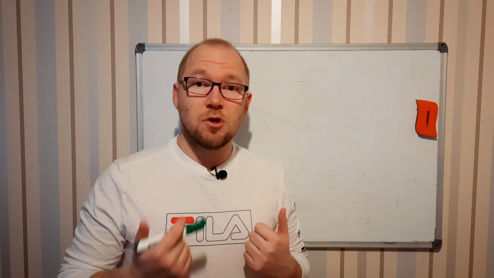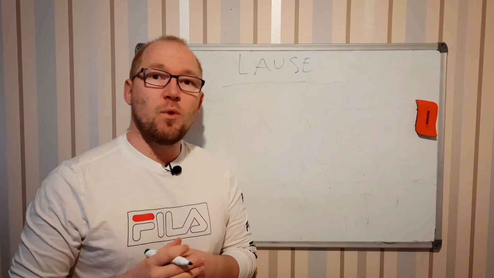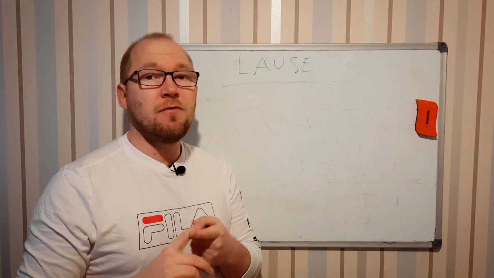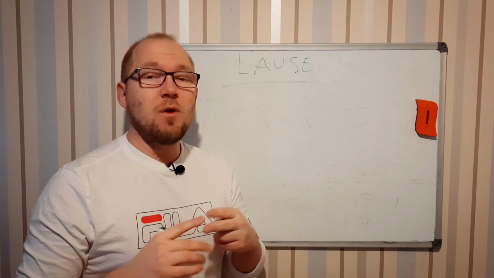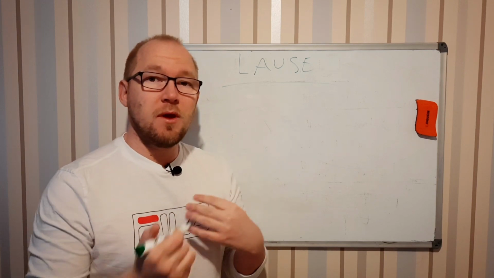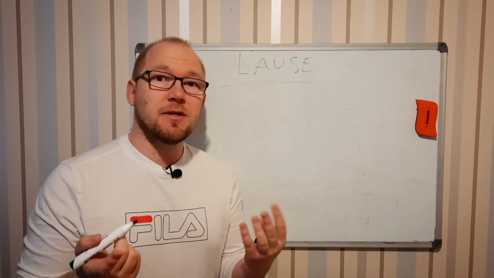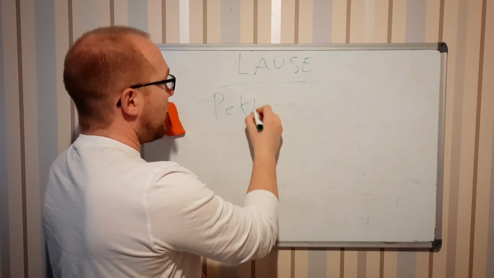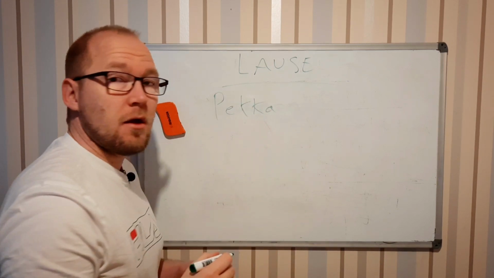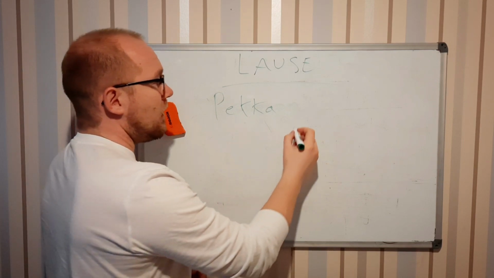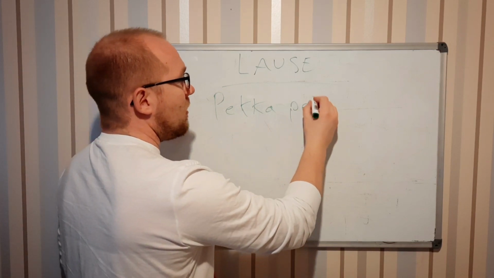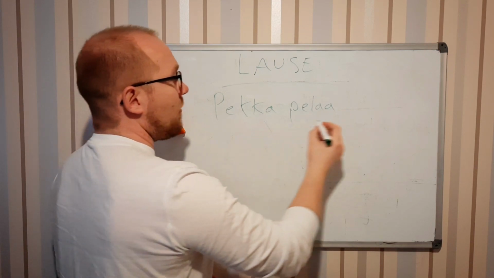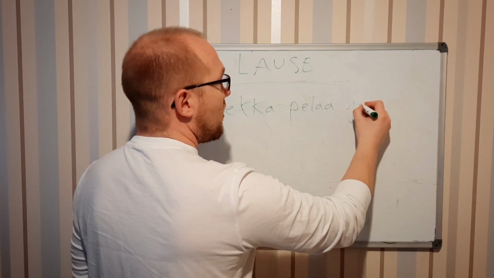Okay, let's go. So normally we have a subject, we have a verb, and then we have an object when we say something and when we form sentences. For example, Pekka is subject, and pelaa, verb, Pekka pelaa jääkiekkoa.